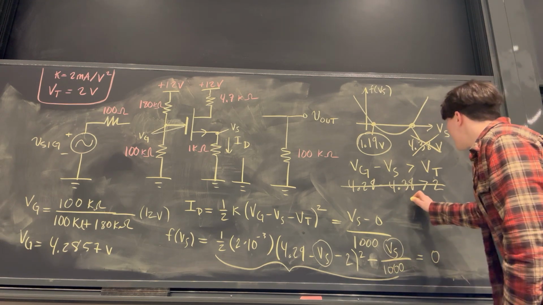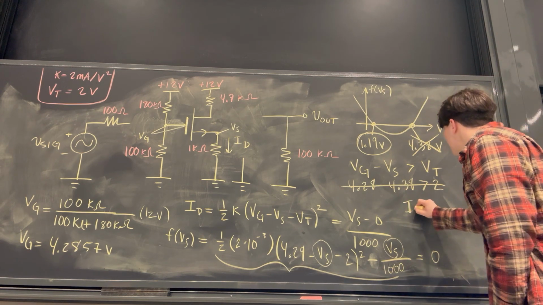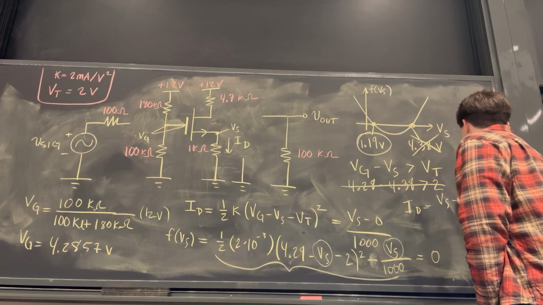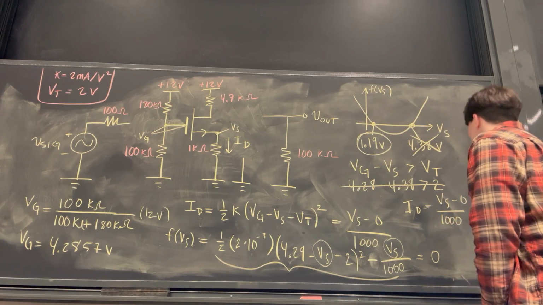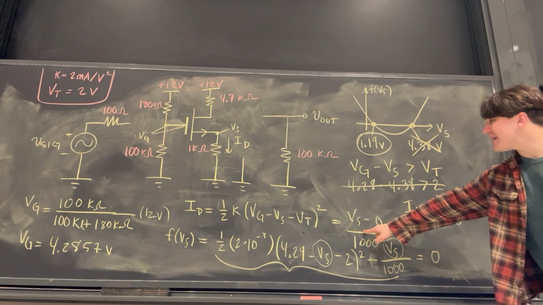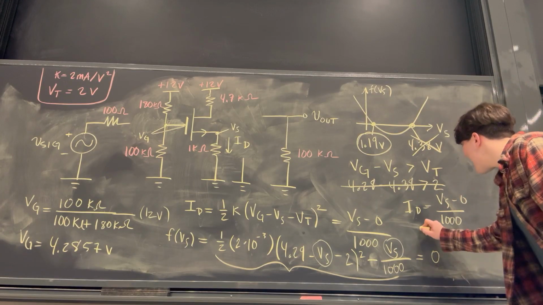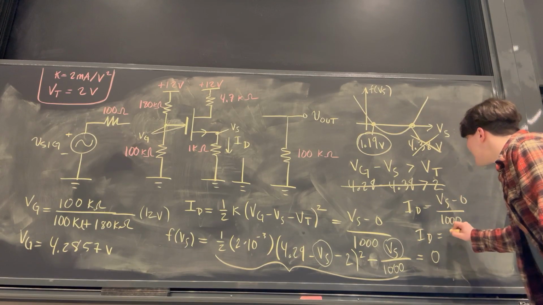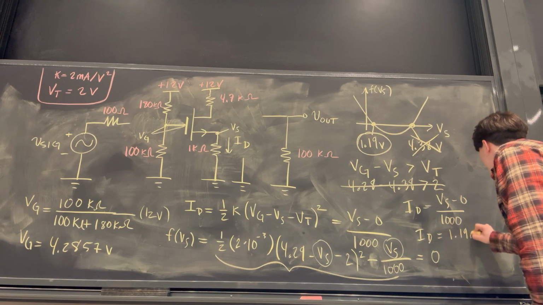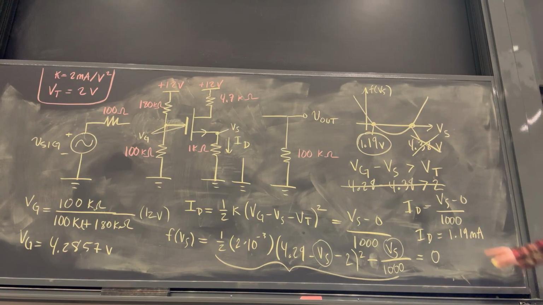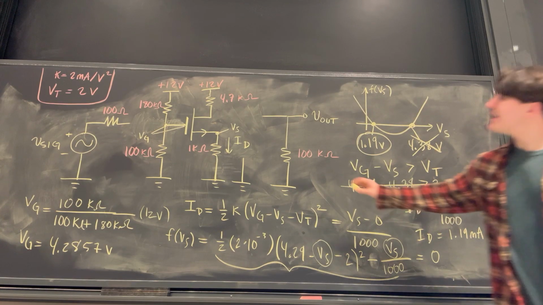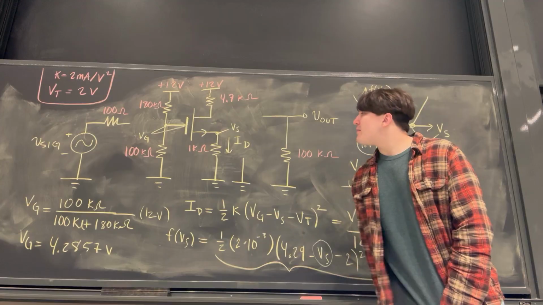We already said that ID equals Vs minus 0 divided by 1,000. We literally already wrote that equation here. We now know Vs, so that means ID is just 1.19 milliamps. That's the total current through this MOSFET.